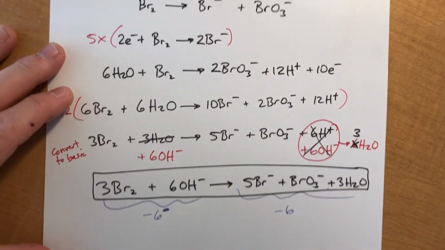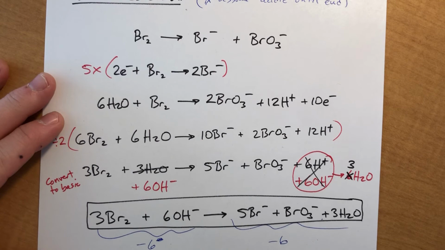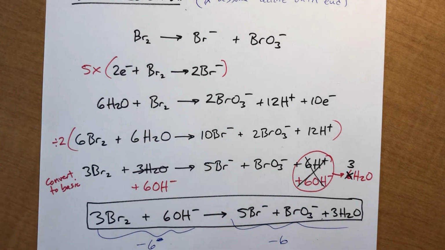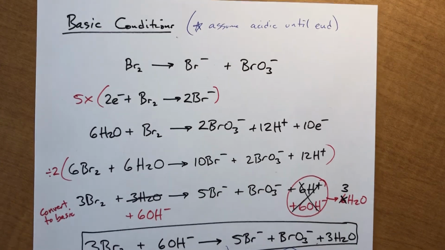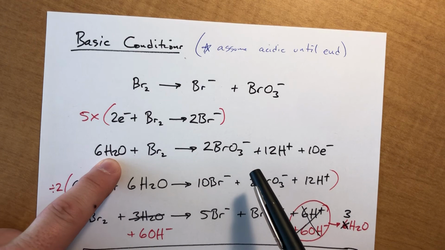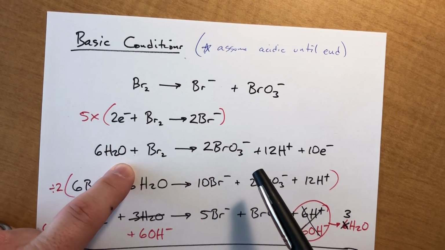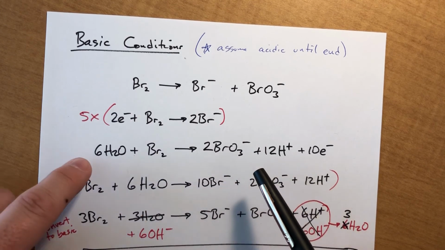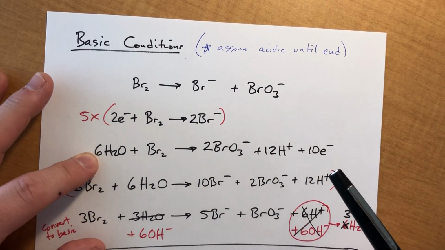So the reason we do it this way, the reason we wait until we do it acidic and then fix it at the end, is that it's really difficult at any given moment. If you had 6 oxygens, do you cancel that out by adding 6 waters or 6 OH minuses?